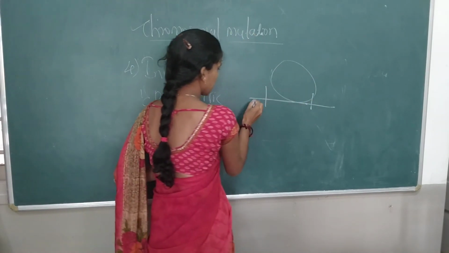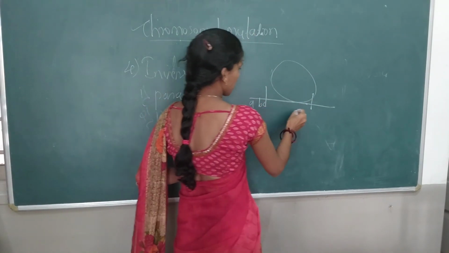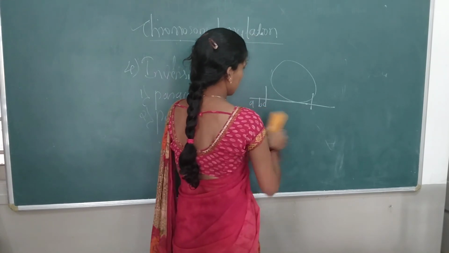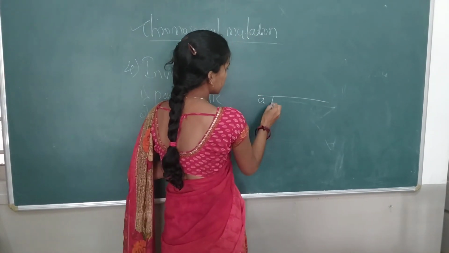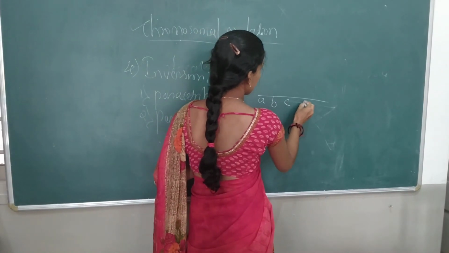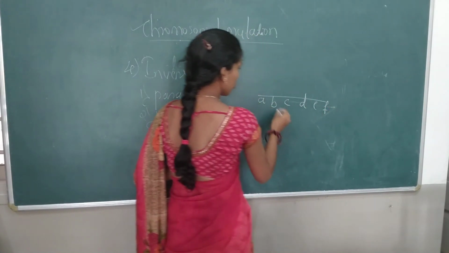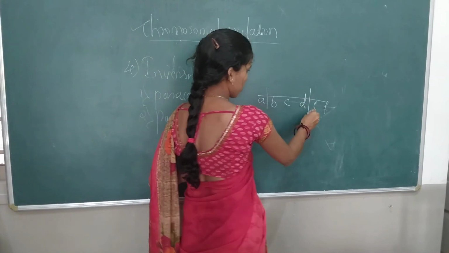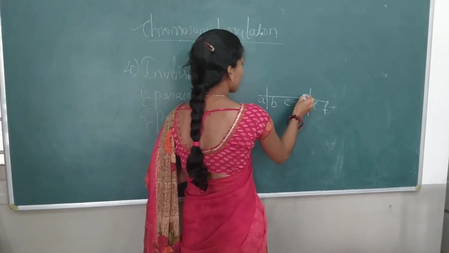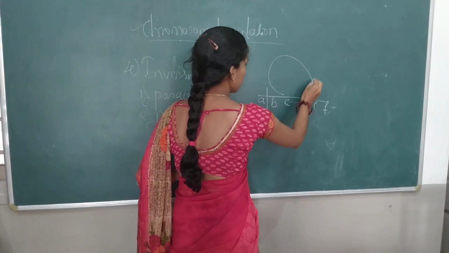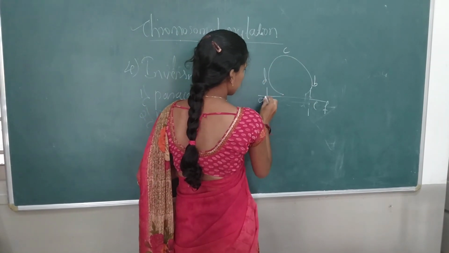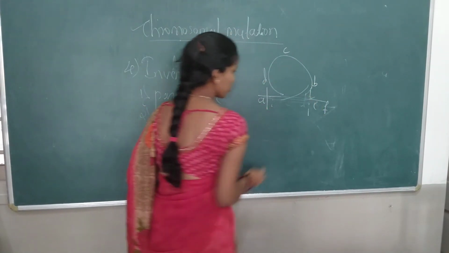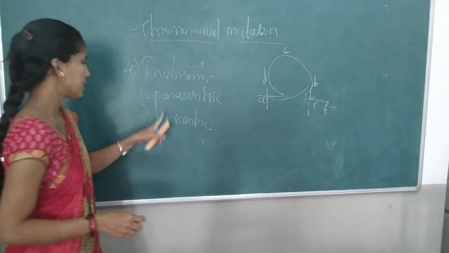If the chromosome has the genes A, B, C, D, E, F and two breaks occur here, then B will rotate like this. B comes here, C comes here, D comes here. Like this it takes place. So two breaks occur in the paracentric.